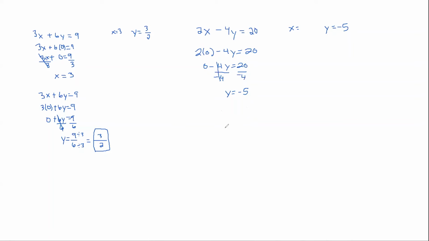So now let's do our x-intercept. So now we're going to divide this side by 2, and then 20 divided by 2.